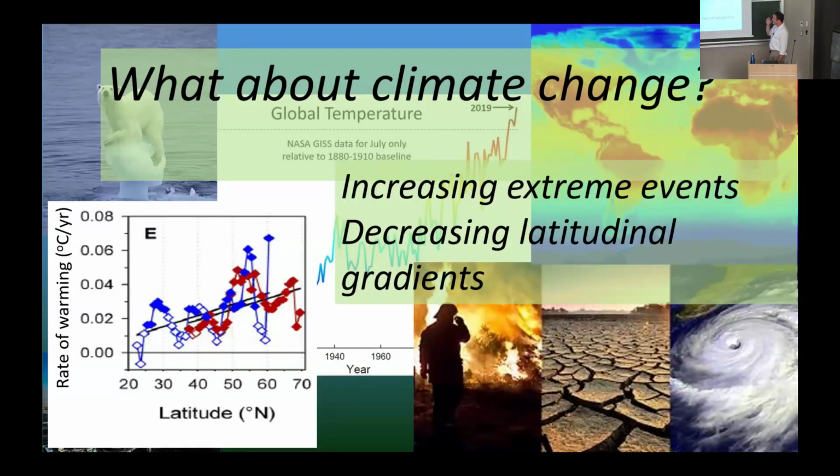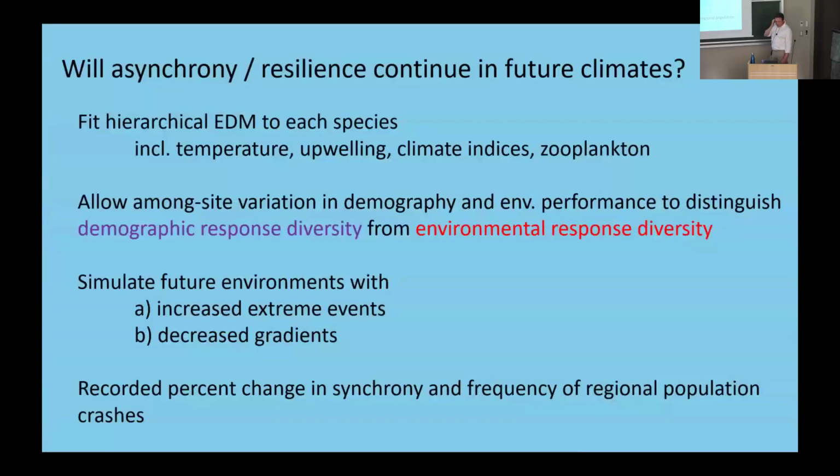Okay, so to get at what will happen to synchrony in all 36 species that he was looking at, he did basically the same thing that Tanya had done with the crabs, where we simulate future environments to ask what happens to predicted synchrony. So he fit our hierarchical EDM model to include temperature, upwelling, climate indices, zooplankton, and productivity.